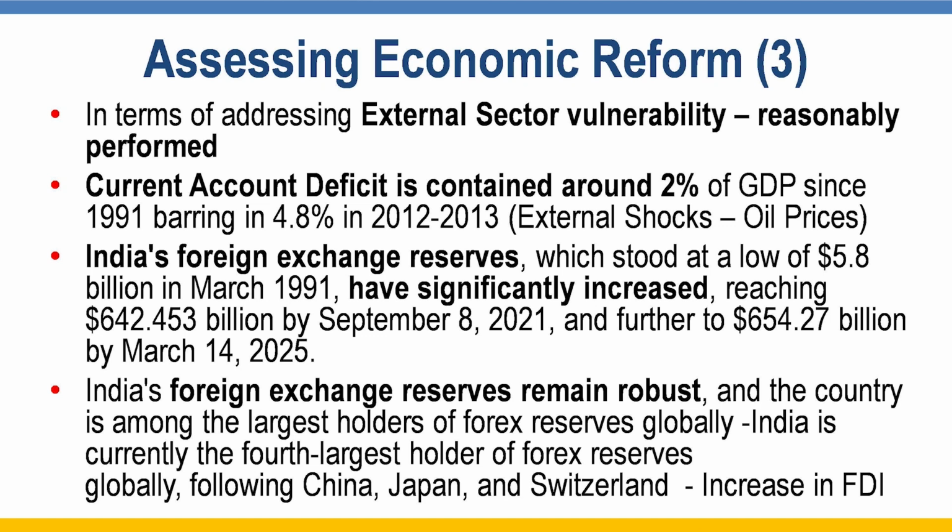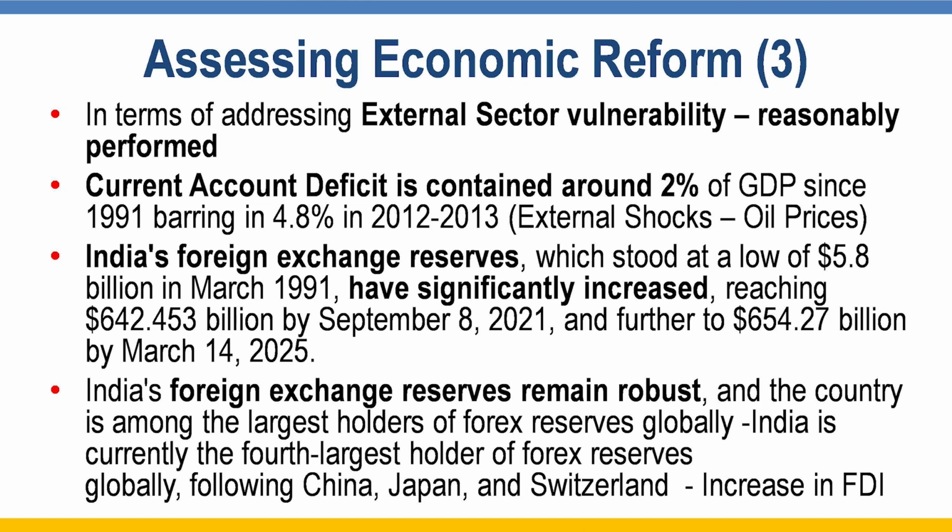For instance, the current account deficit, that is the gap between the value of exports and imports, has been contained around 2% of GDP since 1991, barring 2012-13, where we got a deficit of 4.8%. And this was due to an external shock, an increase in oil prices globally.